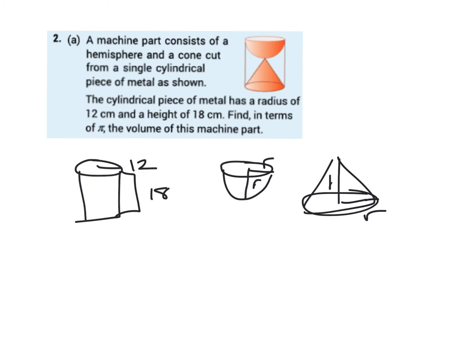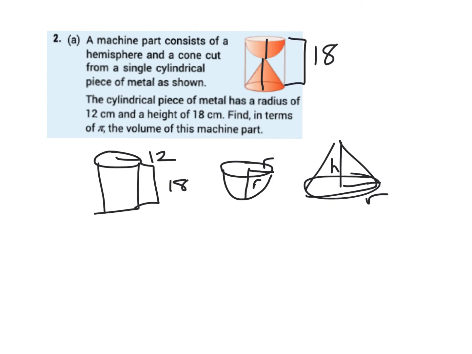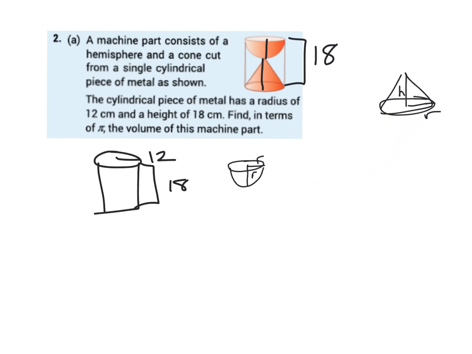Okay, so if I look at that, then I can see that this guy here and this guy here make up the total height of 18. So maybe the best thing to do here is to break it down into each section.